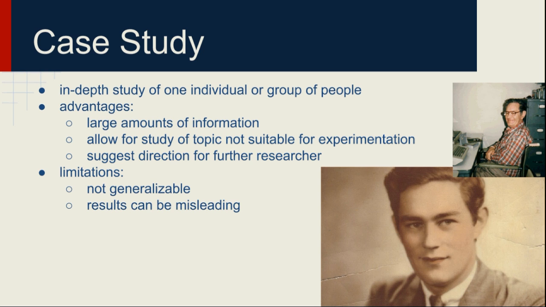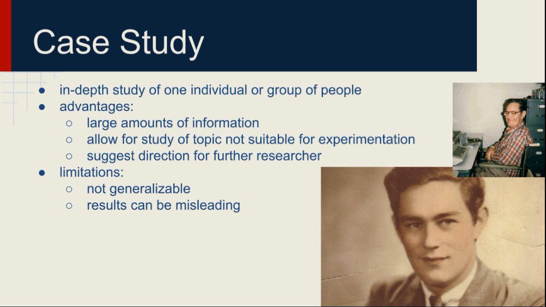But whatever the case is, they're usually taking a look at individuals that are unique in some way. And in doing so, they're hoping to gather information that can maybe lead to research down the road that would help to explain or describe behaviors in humans at large.